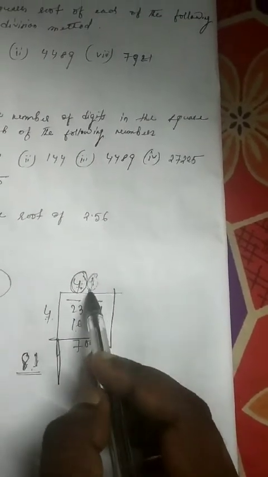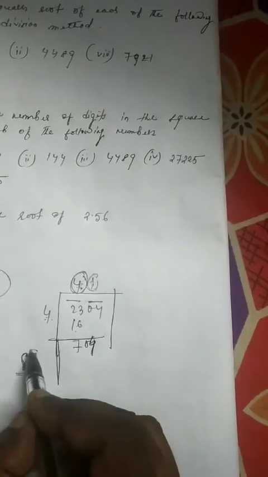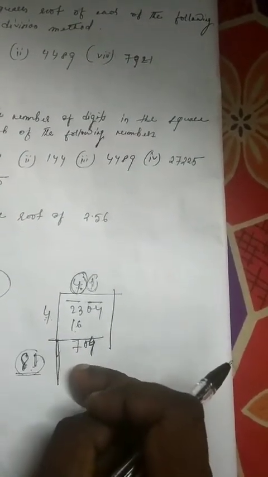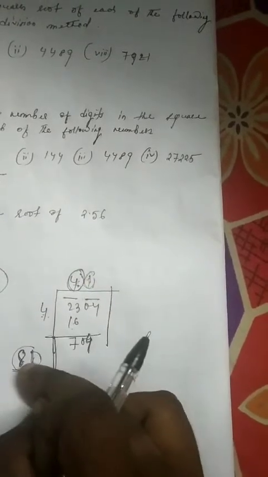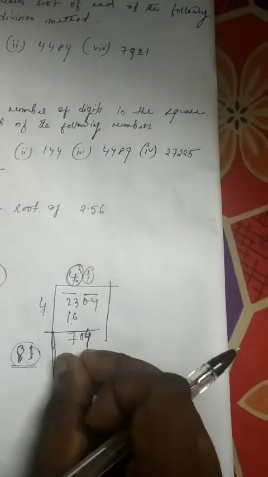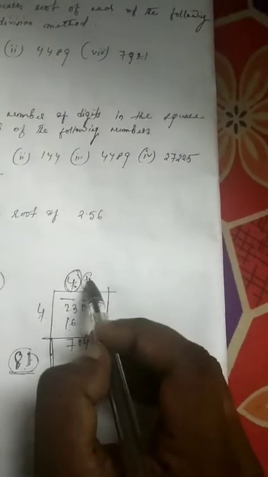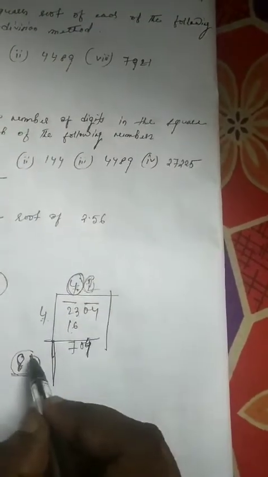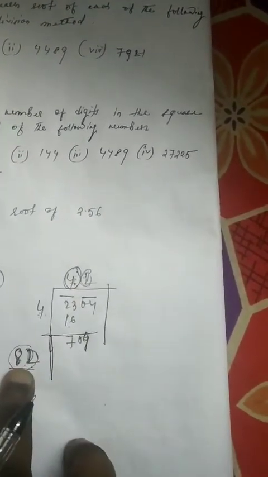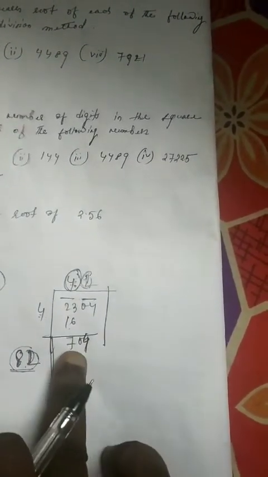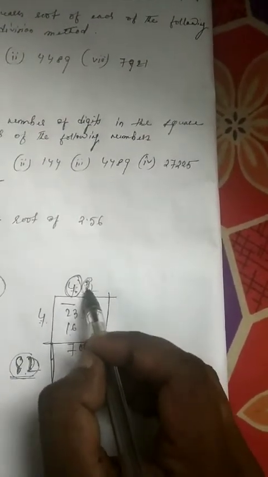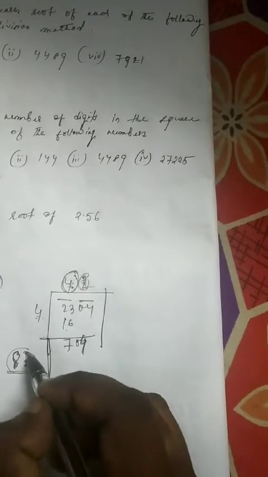And this 1 should be multiplied with 81 in order to get 704. 1 into 81 is 81, not closer to 704. Let us imagine 2. I have to take 2 here also. 2 into 82 is 164. Not closer to 704. If I imagine 3 here, I have to take 3 over here also.